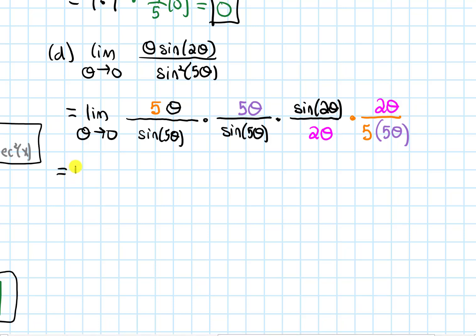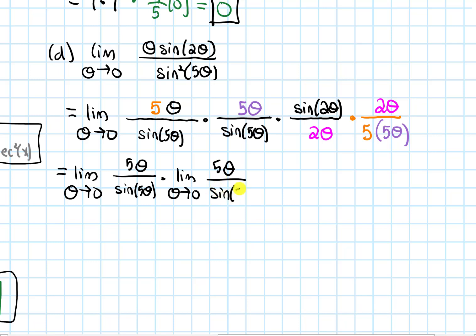All right, and now let's split up these limits. We get the limit as theta goes to 0, 5 theta over sine of 5 theta, times the limit as theta goes to 0 of 5 theta over sine of 5 theta. I need to split it up like this so I can say definitively that these individual pieces are 1.